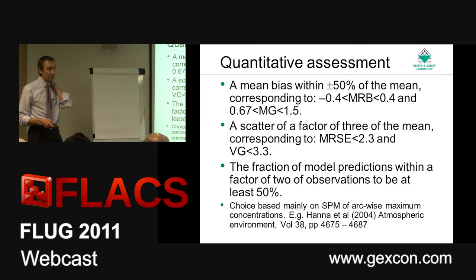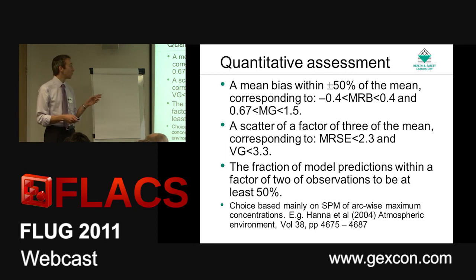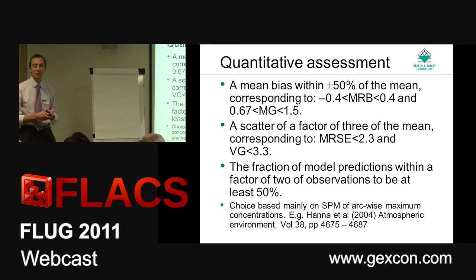Okay, so the quantitative assessment criteria. Now, I haven't got the definitions of these here. If you were watching carefully earlier, Olaf's presentation had them up there. I forgot to include them in my presentation. So these criteria are that the mean bias has got to be within 50% of the mean.